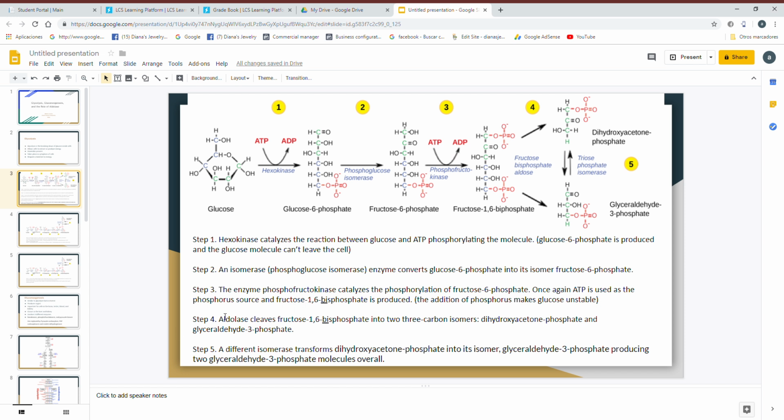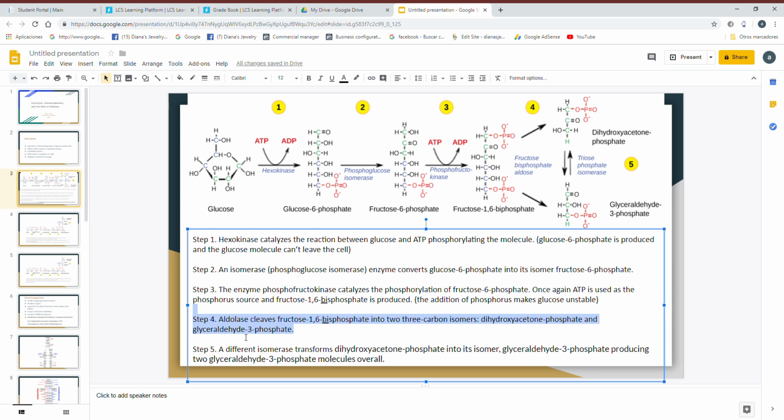So step 4, aldolase, which is the important enzyme that we're going to be talking about here, cleaves fructose 1,6-bisphosphate into the 2 three-carbon isomers, dihydroxyacetone phosphate and glyceraldehyde 3-phosphate. So these are 2 isomers, and we want to end up with 2 of the same molecule.